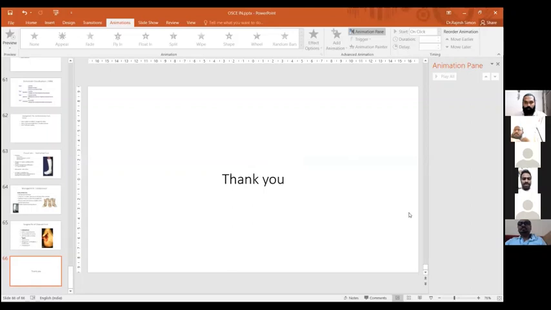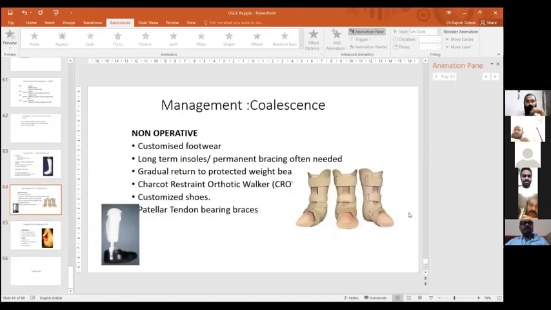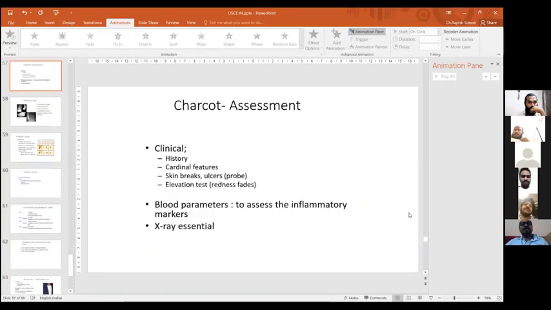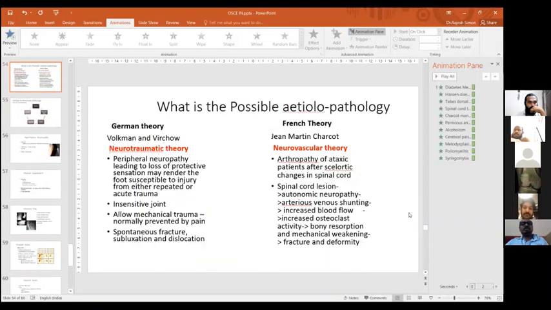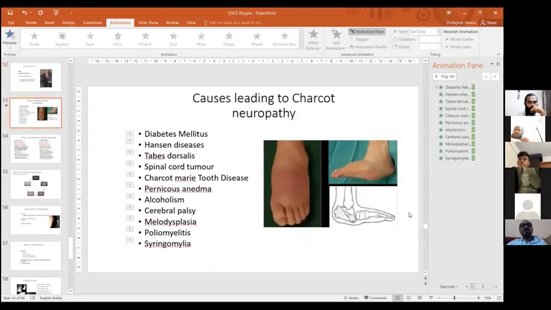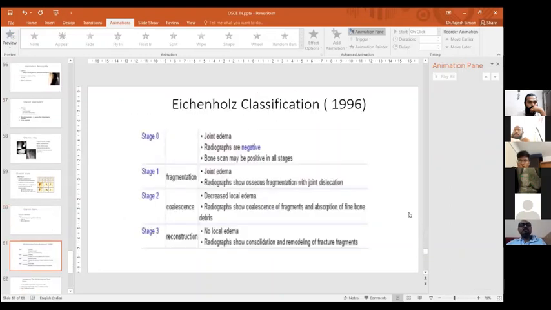So there is a question. How to clinically identify stage 1 of Charcot? Yes, that is what I said in this particular slide, the Eichenholtz classification. Stage 1 is the stage where it is a typical look of a cellulitis.